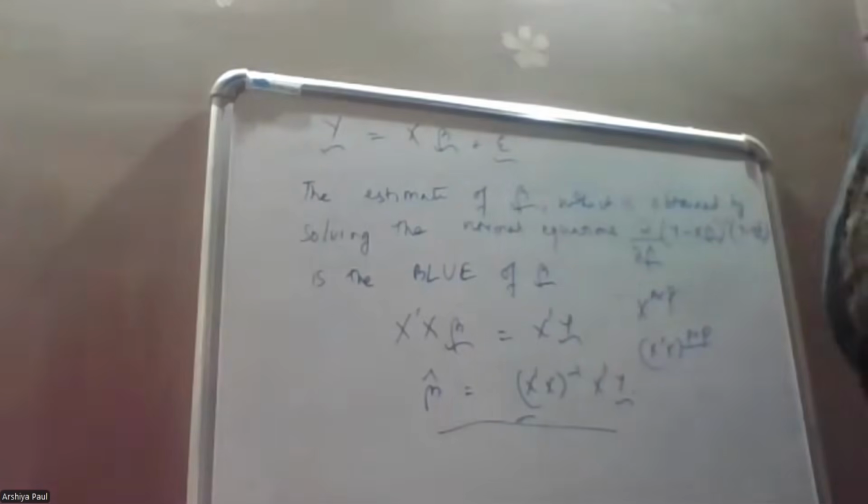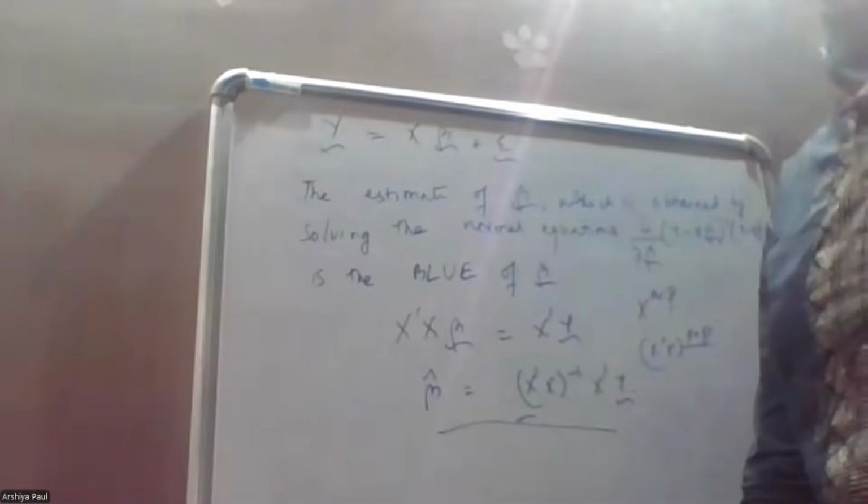But beta hat is something which will solve the above normal equation, that is X transpose X beta equal to X transpose y. So the solution of that has nothing to do with the existence of that inverse.